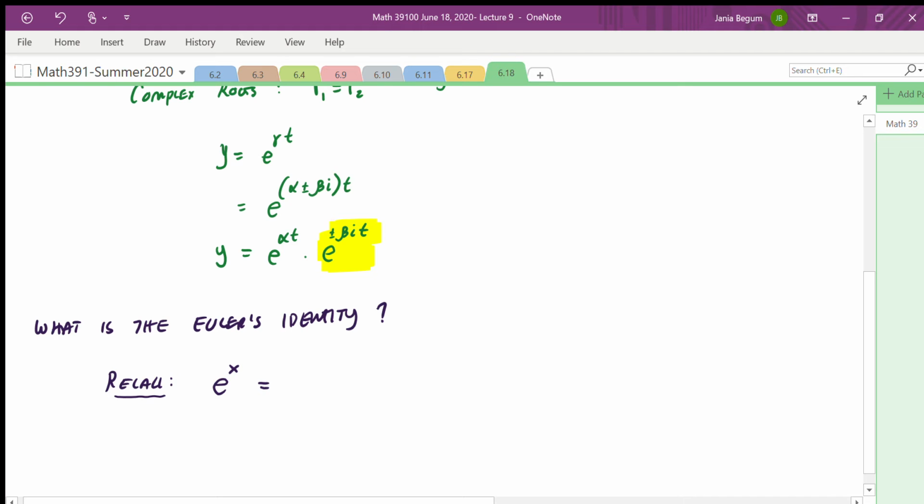Do you guys remember this? It's the summation from n equals 0 to infinity of x to the n over n factorial. Yep, absolutely. So this is the infinite sum starting at n equals 0 to infinity, x to the n over n factorial.